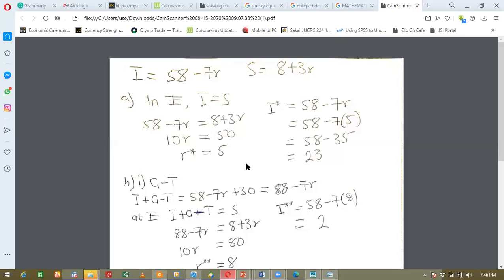Okay, so we divide through by 10. Initially, you equate I to S. So this is the I function, this is the S function. So you group like terms, okay?